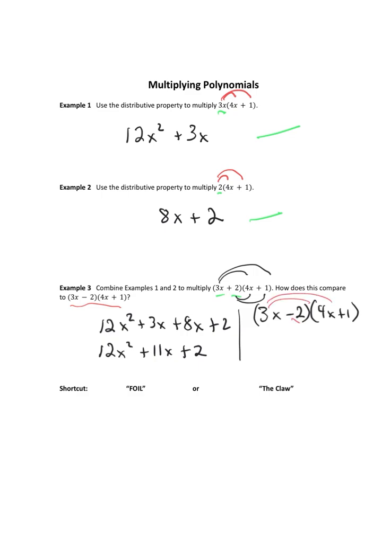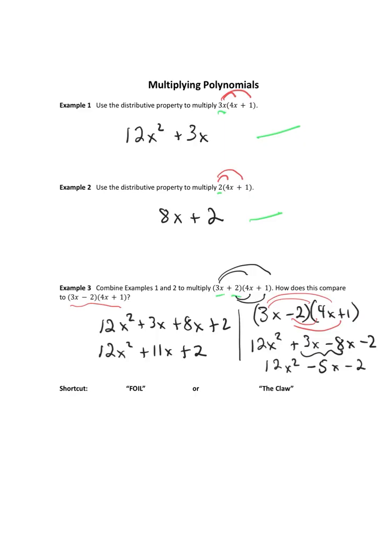Essentially, it's still the same. It's just that you're multiplying by a negative 2 in there. So the first part would be the same, 12x squared plus 3x. But then notice this time it would be minus 8x and minus 2. So those middle terms, when they combine, would be slightly different. 12x squared minus 5x minus 2.